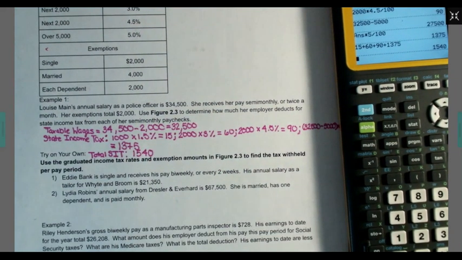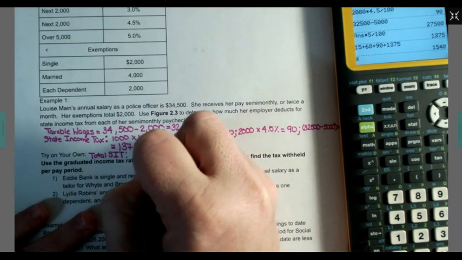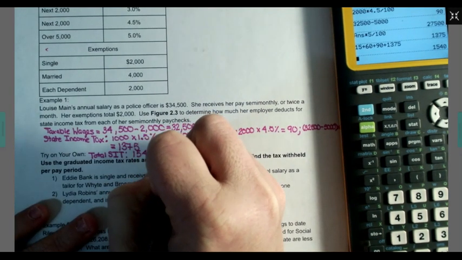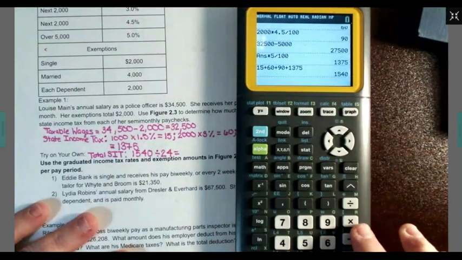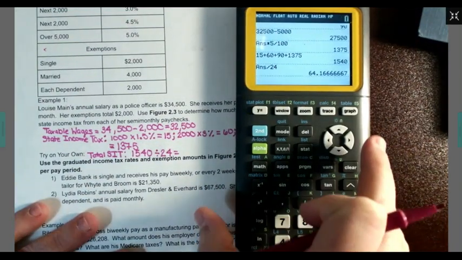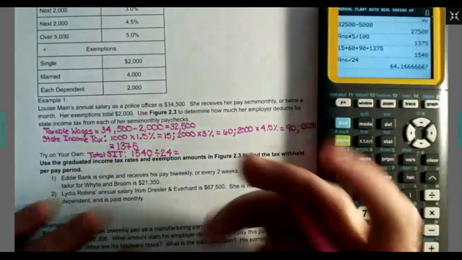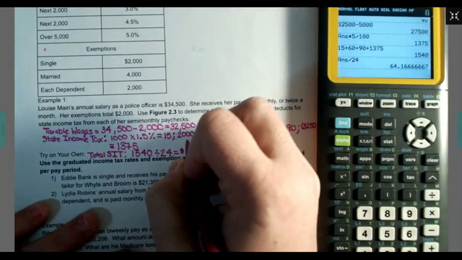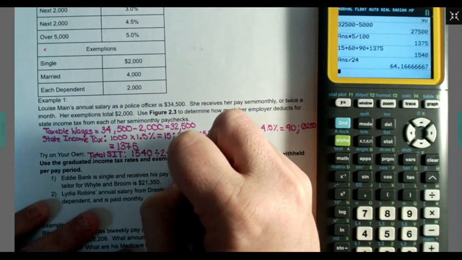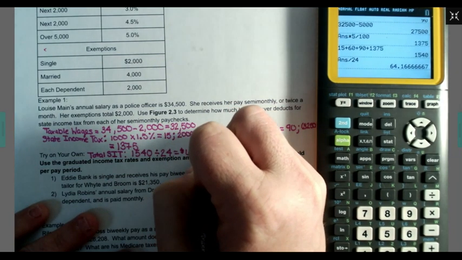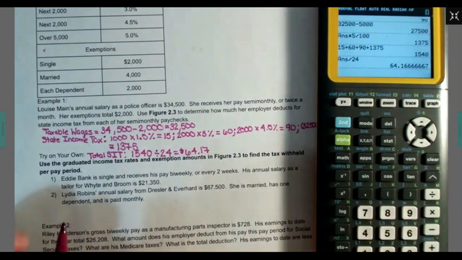So we would need to take this answer and divide by 24. So we're going to take our 1,540 and divide by 24, and each semi-monthly paycheck, she'll have to pay $64.17 for state income tax.